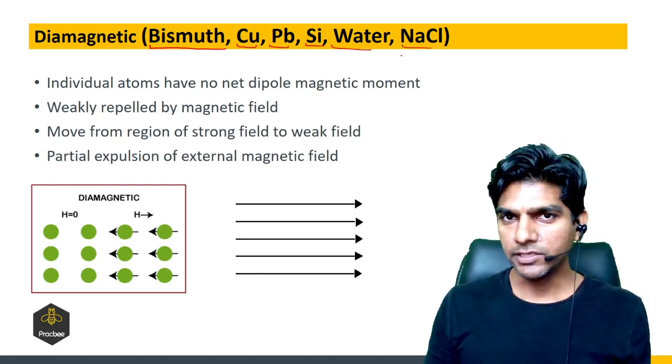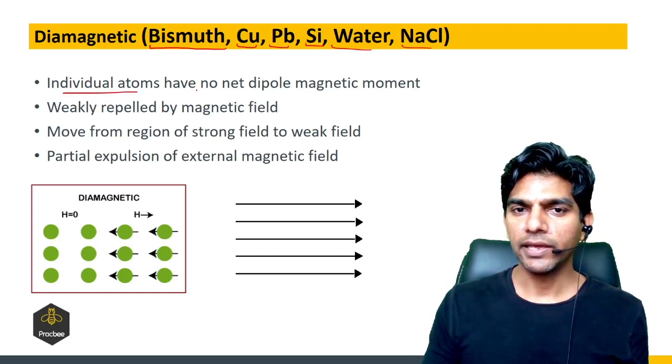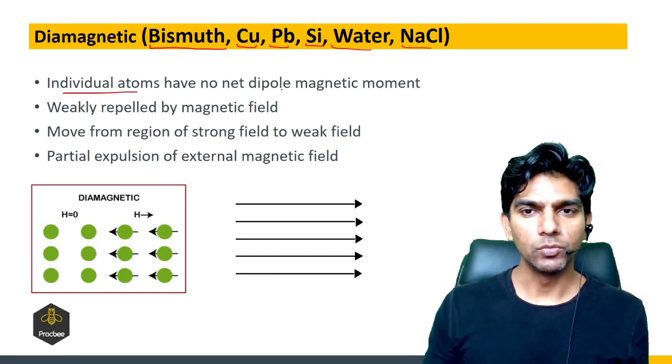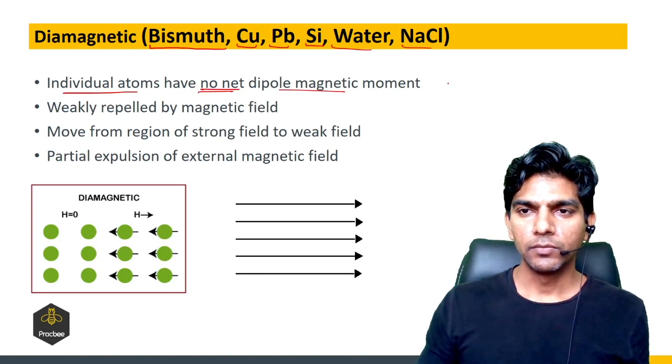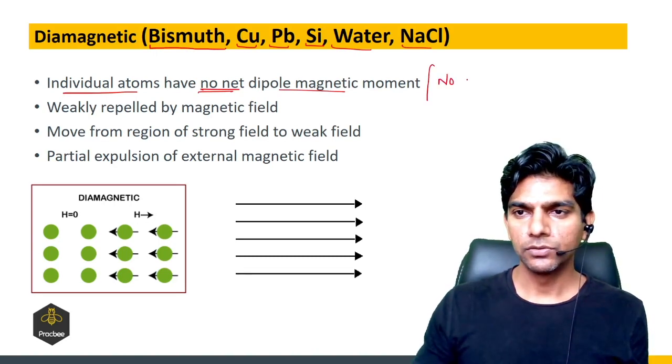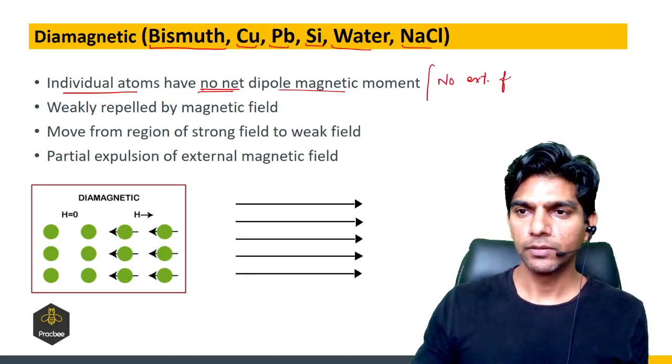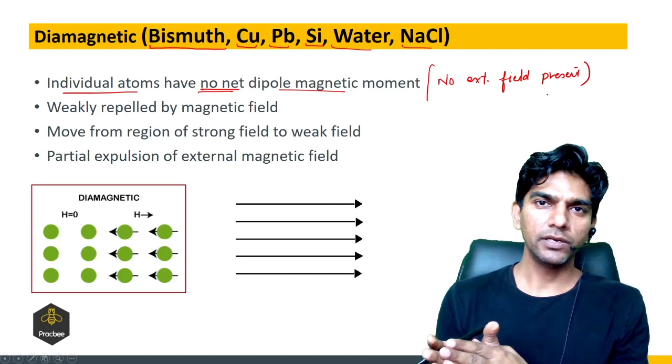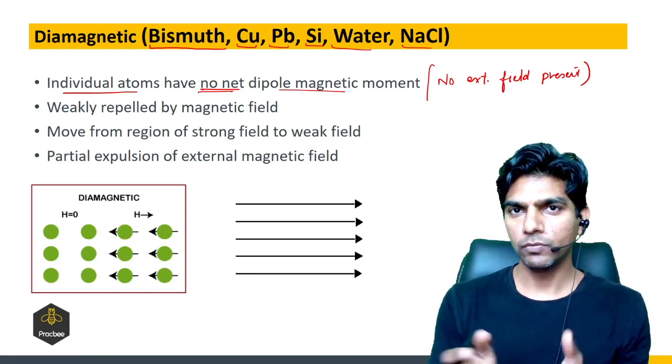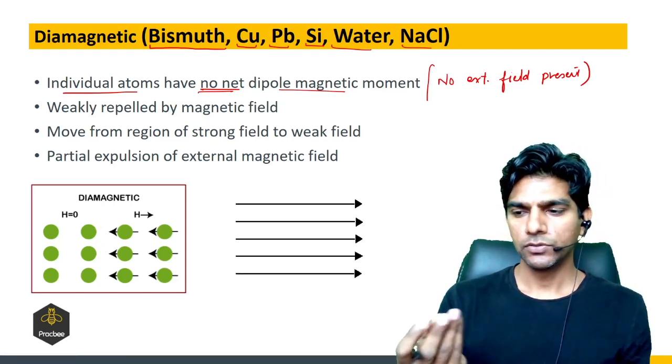And in these materials, individual atoms have no net magnetic dipole moment when there is no external field present. So if there is no external field, then individual atoms have no magnetic dipole moment. So in atoms, what happens?